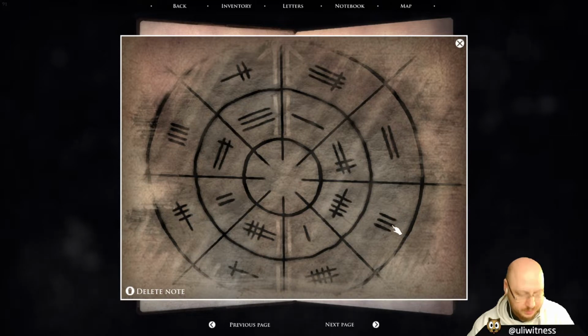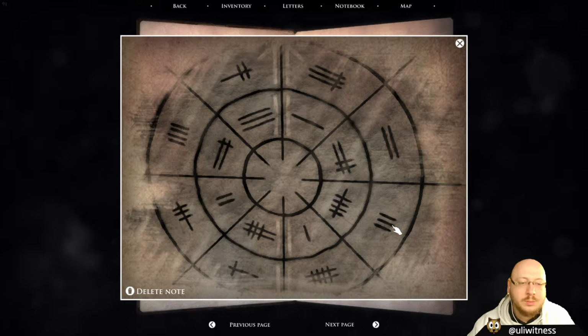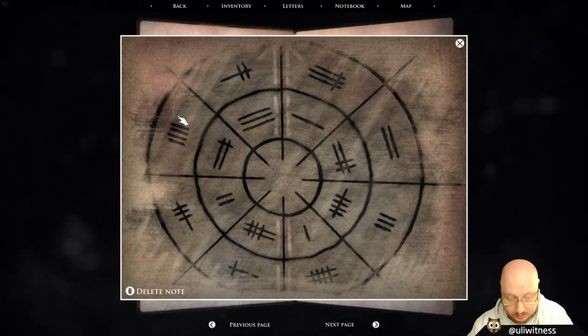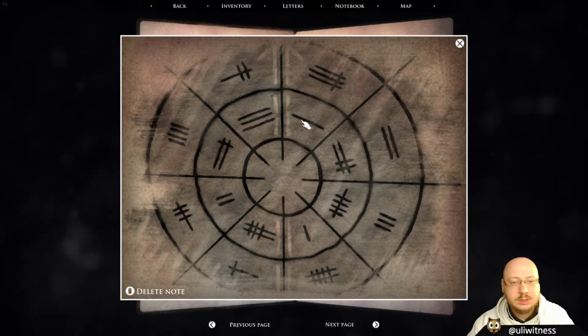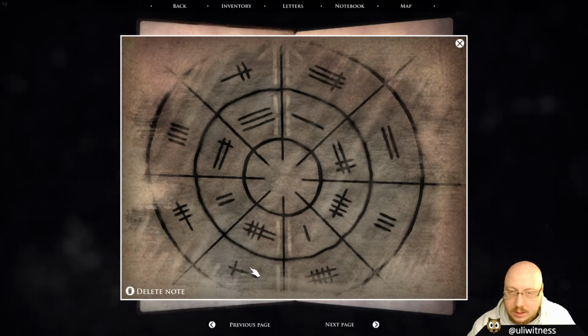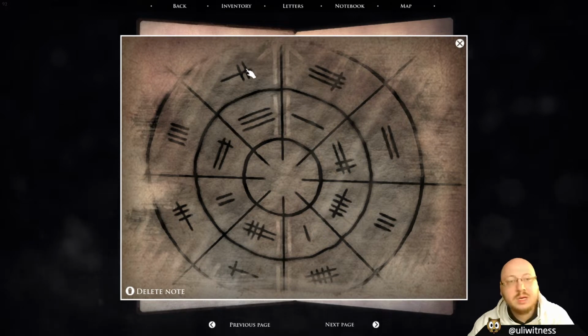So 3 is over there. 4 is up here. And now 5 is the long dash, so that's here. Then that with 1 dash is down here, is 6. Now that with 2 dashes, 7 is up there.